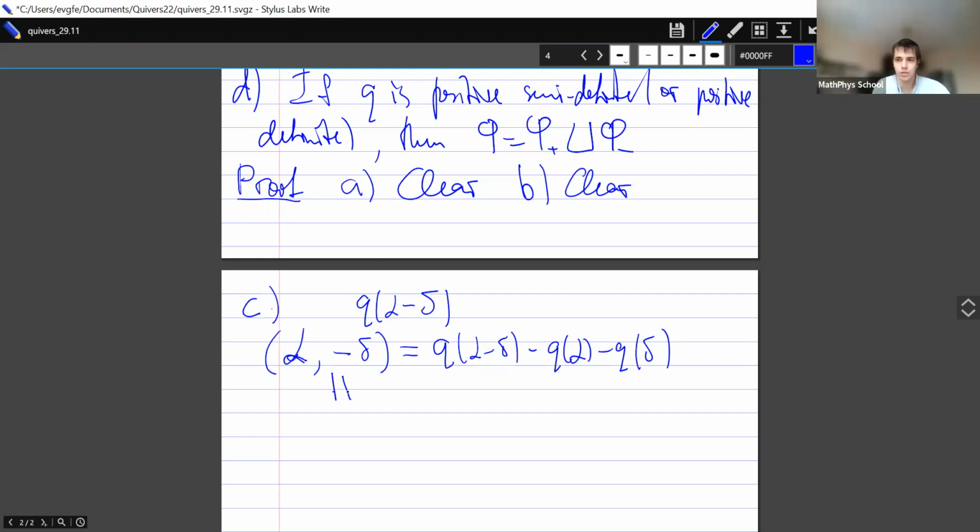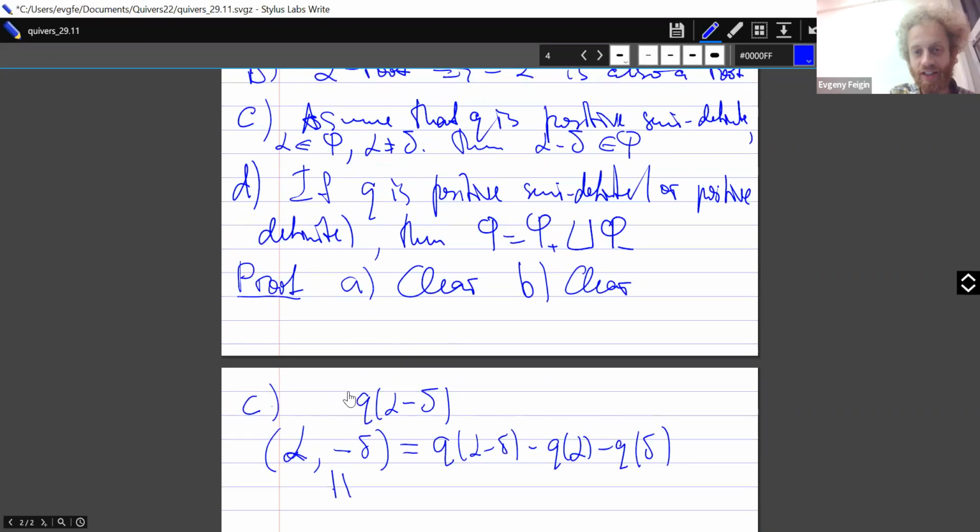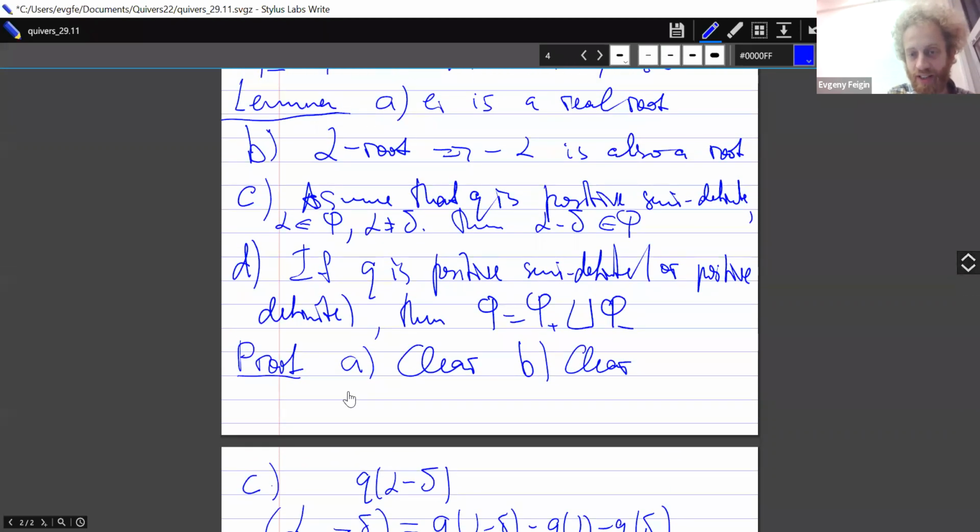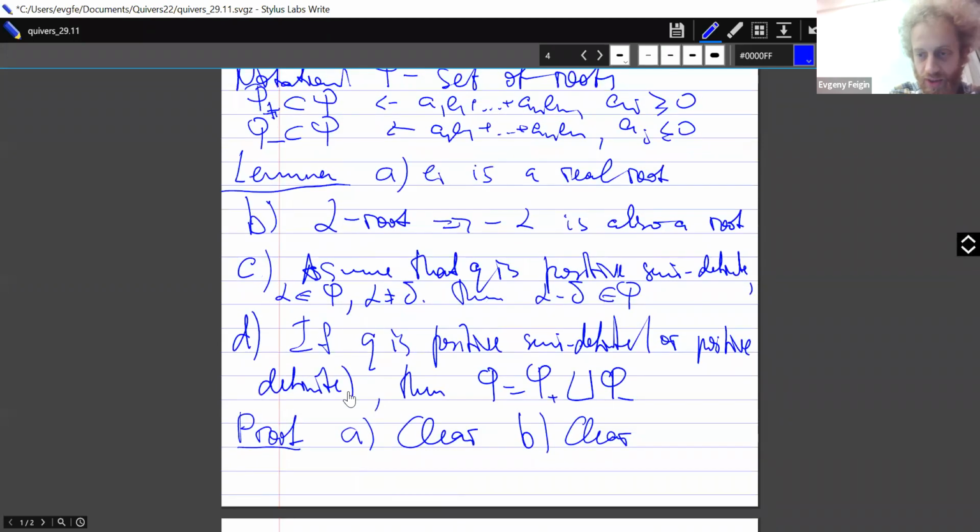So Q is positive semi-definite and delta is the kernel. In the Euclidean case, we have a one-dimensional kernel of Q, and any imaginary root should be like this.